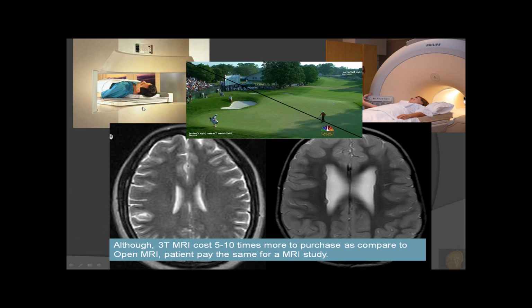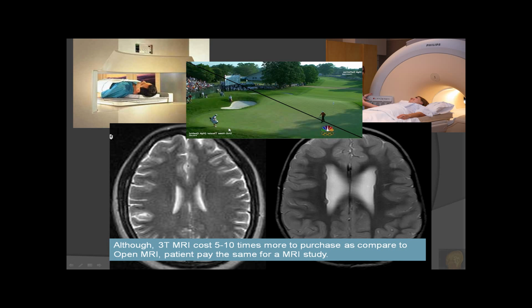This is a slide to compare the open MRI versus high field MRI. The open MRI is open on the side, not front to back. A patient has less claustrophobic sensation, basically less sensation of being closed into a small space. Patients like it, but the problem is the signal from the patient is not as strong as in the high field MRI.